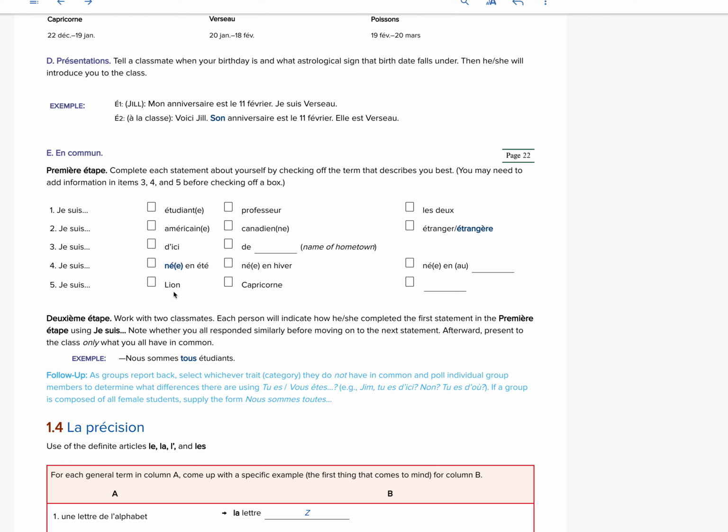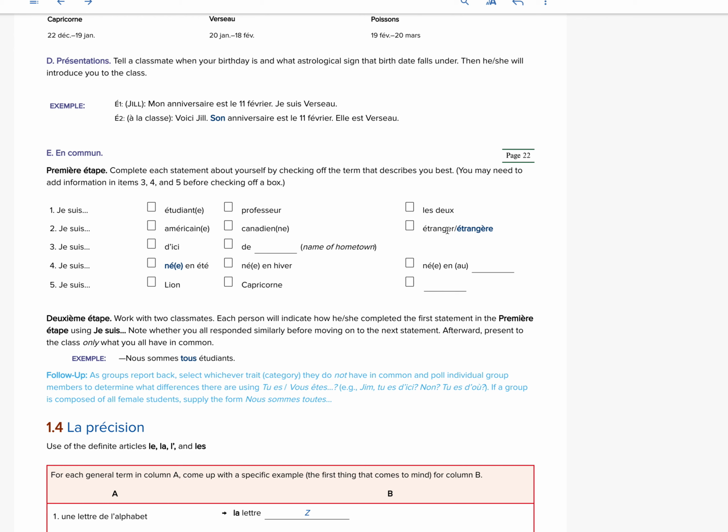So you will use être to describe yourself. Right? Je suis sympathique. Right? I am nice. Right? I am pretty. Je suis beau. Right? So say it after me. Je suis étudiant. Je suis professeur. Je suis américain. Je suis canadien.